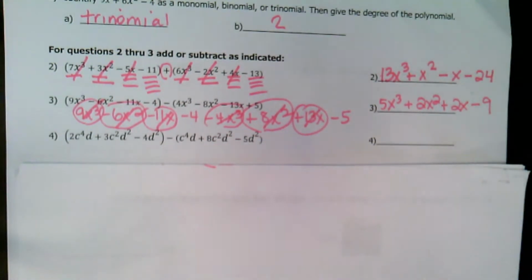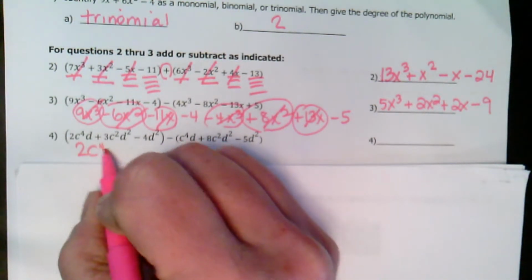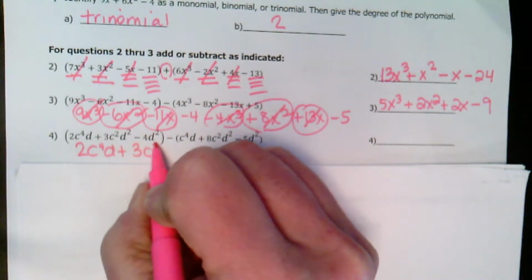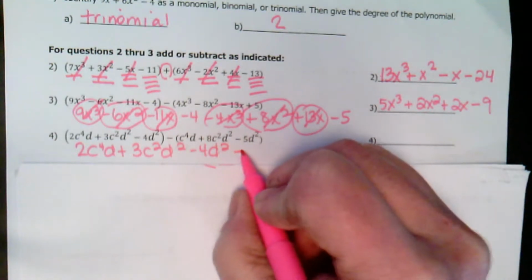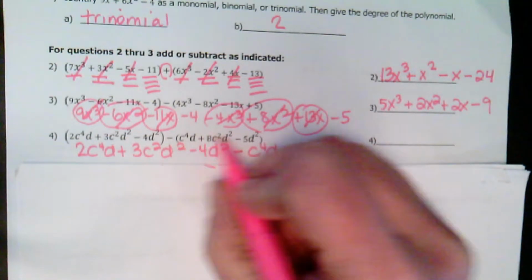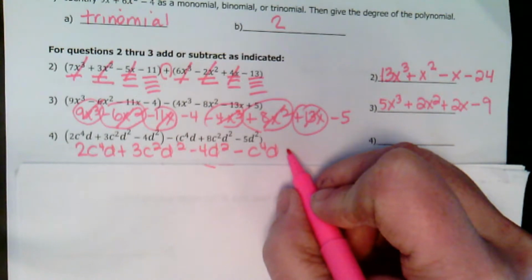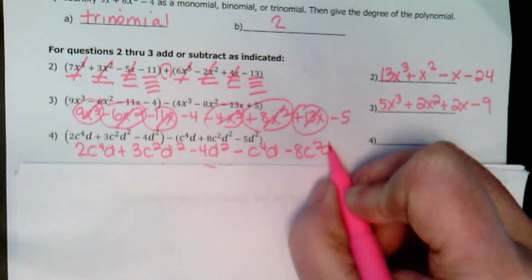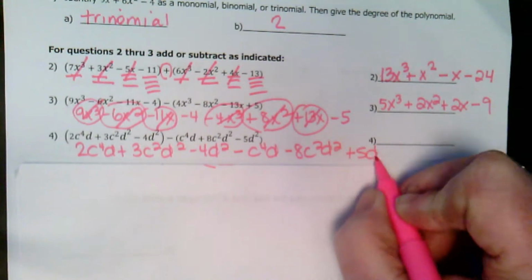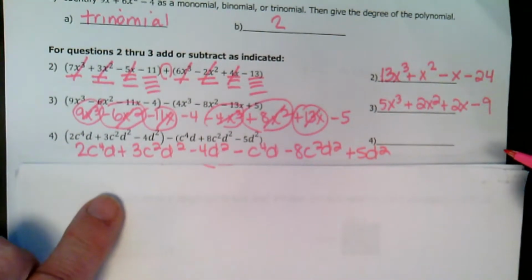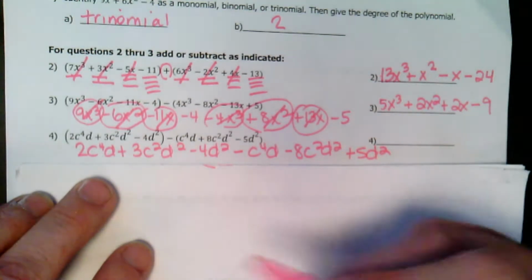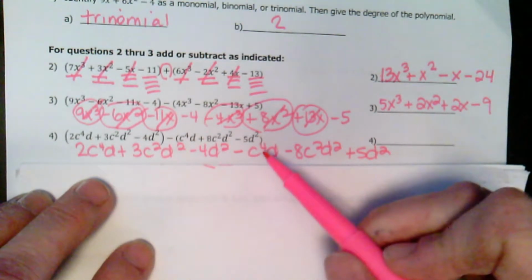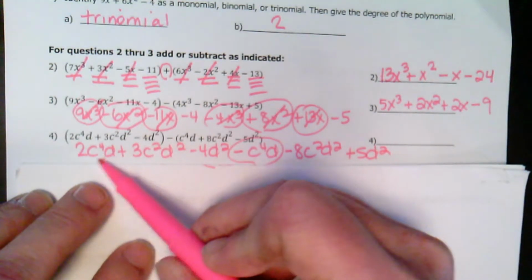Same thing with number 4, I'm just going to rewrite it with all the terms in the second parentheses having opposite signs. Now the only way we can put them together is if they are identical in their variables. So here's a c to the 4th d and here's a c to the 4th d.